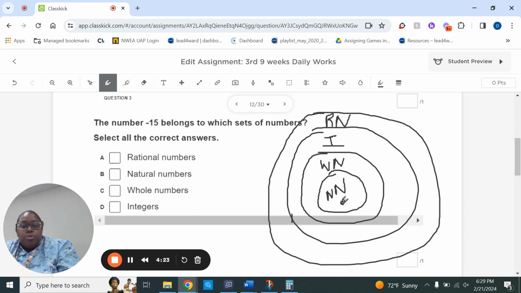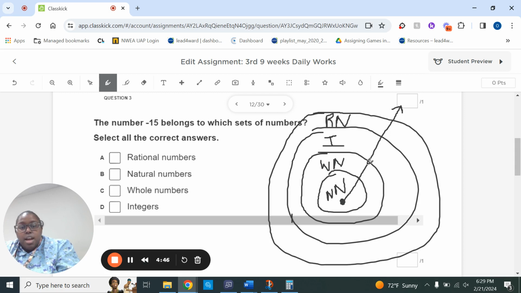Now, remember, we do the dot. The arrow shows me where I can go. So if I'm a natural number, then I also belong to everything else that the arrow is touching. If I'm a whole number, then I'm not a natural number, so I can't go back this way, but I can continue out and be everything else. Same thing with integers.